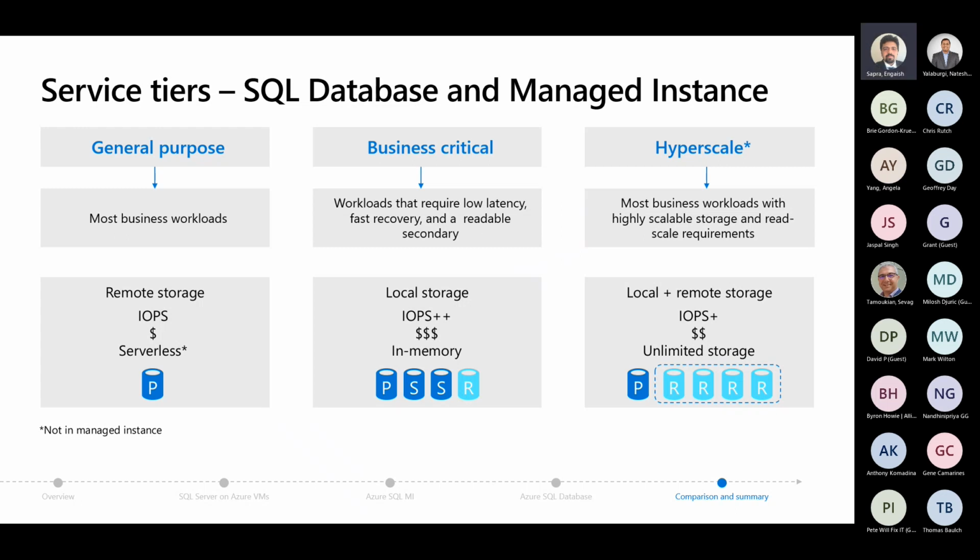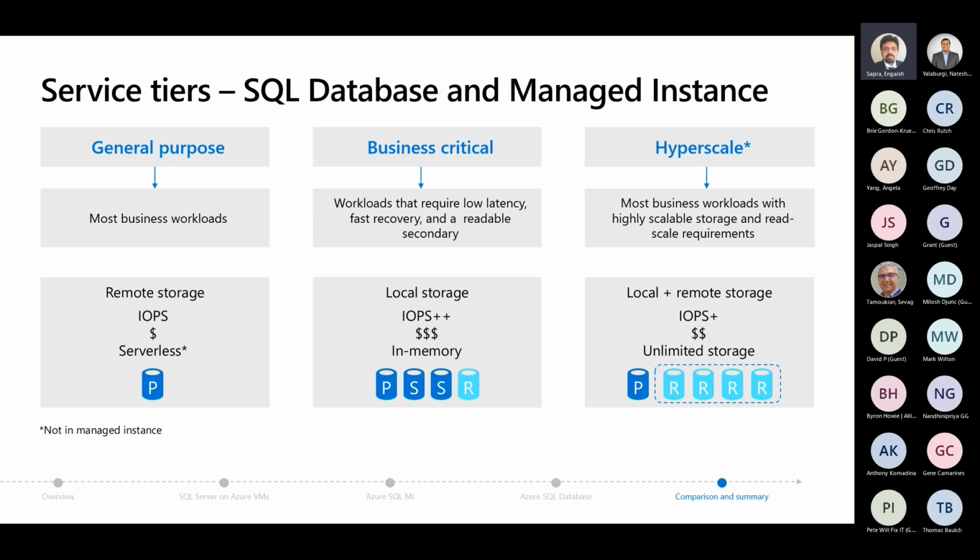From a business critical perspective, the next level of service tier, it is mainly for highly critical business applications with low latency response requirements. Business critical also offers the highest resilience to failures by using several isolated replicas. This is the only tier that can leverage in-memory OLTP.